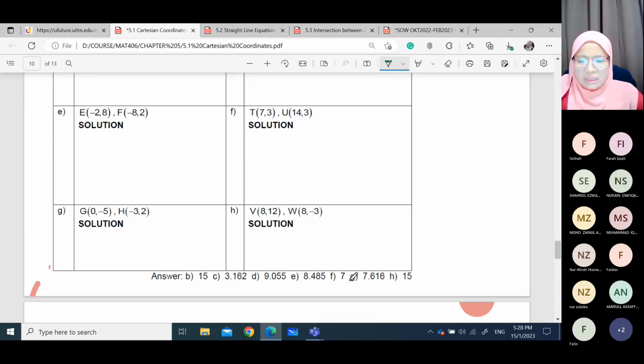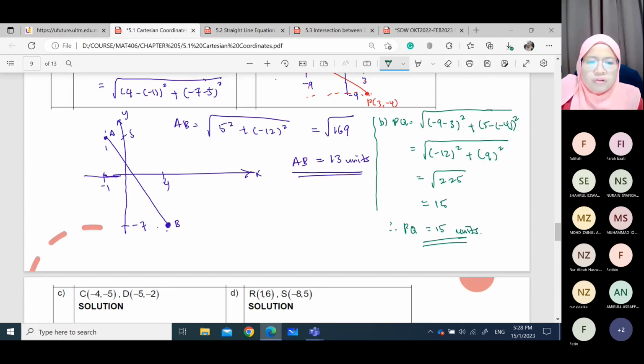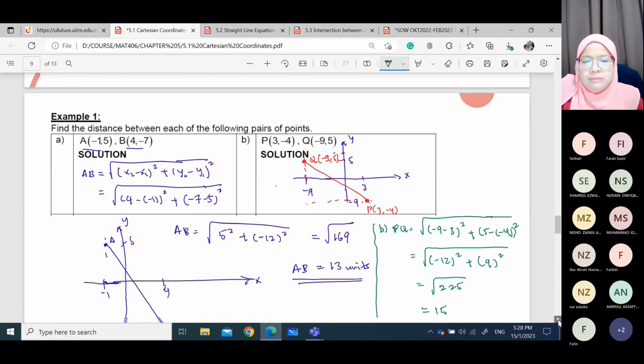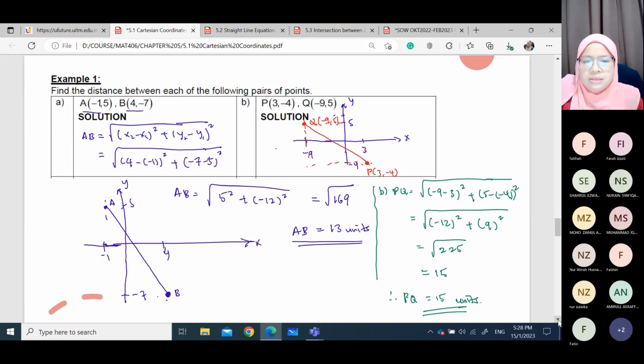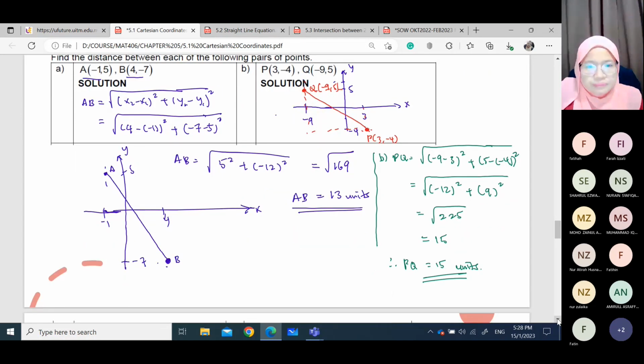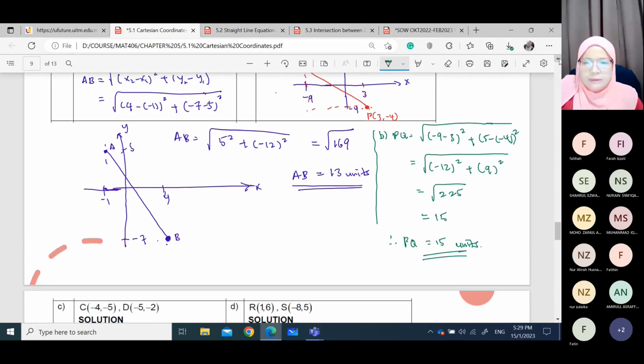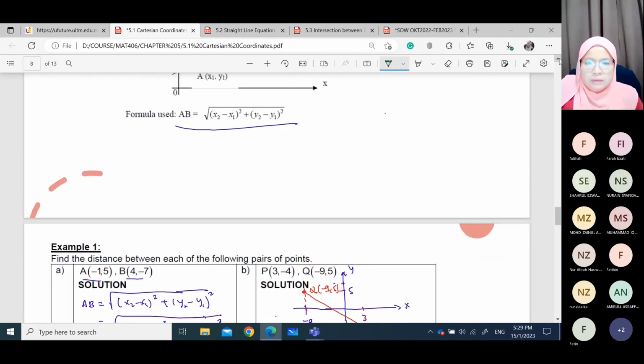Answer B, C, D, E, F and G. So you try, gunakan formula. Bila dia minta distance, kalau dia tak minta untuk you sketch, tak perlu nak sketch graph. Okay, to be safe you sketch lah. Tidak, you guna je formula dia. So this is the formula for distance, yang atas ni.